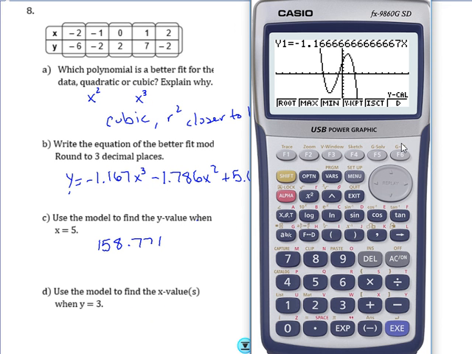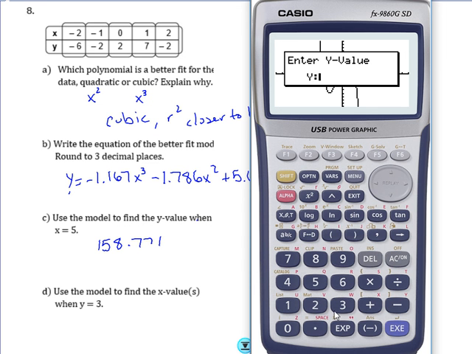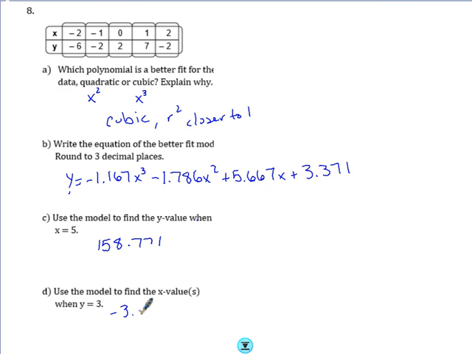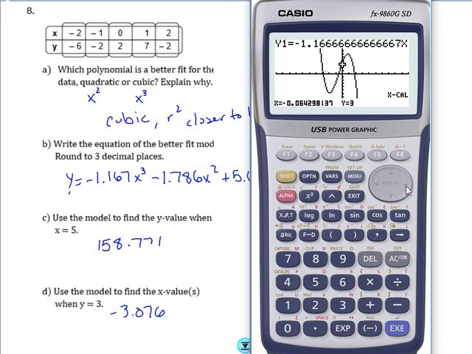Then the last part, use the model to find the x values when y equals 3. Again, gsolve, go over. This time I'm going to do xcal, and my y value is 3. Right there, when y is 3, x is negative 3.076. Remember, there can be more than one, so I'm going to scoot over.